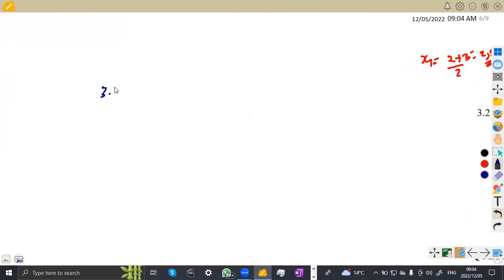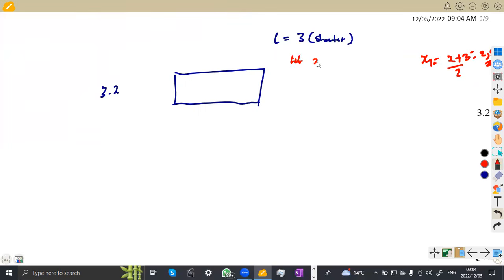We're given a rectangle whose length is 3 times the shorter side. We know that the shorter side is the width, so let x be equal to the shorter side. If x is representing the shorter side, therefore L is equal to 3x, because it's 3 times the shorter side. So we've got 3x here and x here, if we are to write in terms of x.